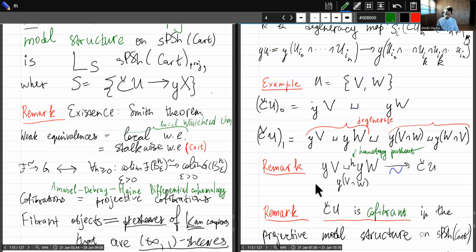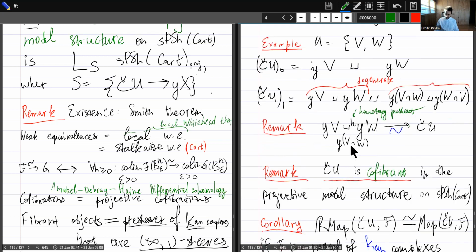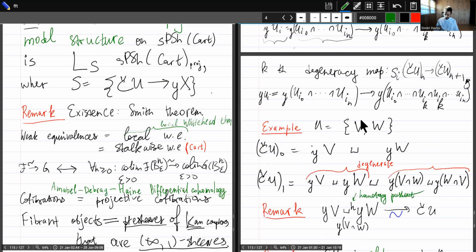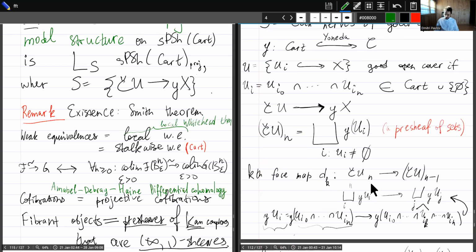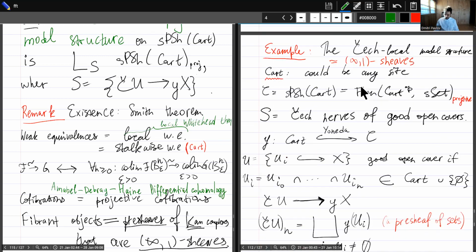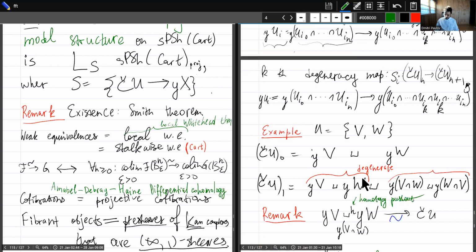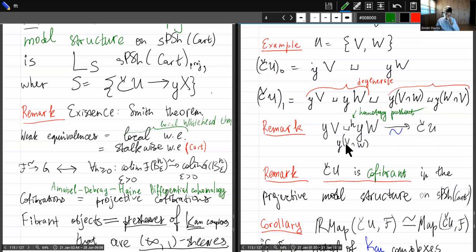And we saw how you obtain from the Čech nerve, how you obtain, was it somewhere here? Oh no, I think it's here. Yes. So basically, by mapping this presheaf into F, you will see a homotopy pullback, which is precisely the descent object for this open cover.